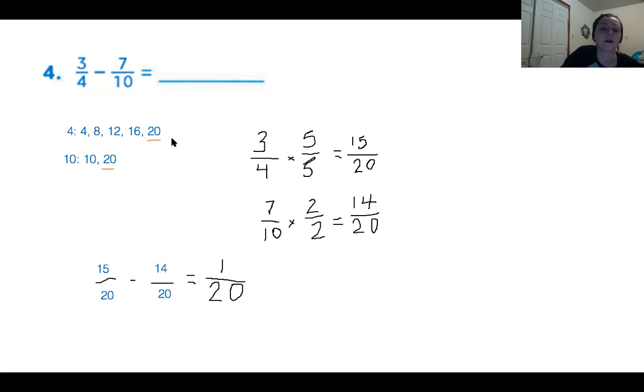So my answer to this problem is going to be 1/20, or 1 over 20. I'm going to write that fraction in my answer spot. That is the work for how to solve a subtraction problem with unlike denominators.